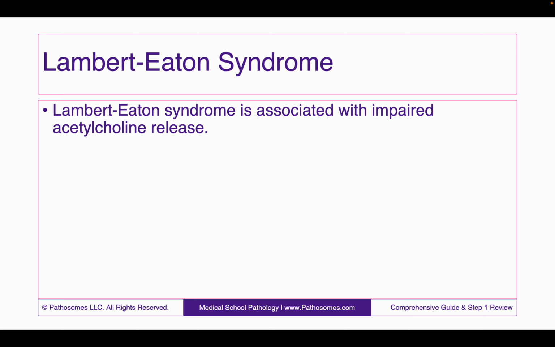Lambert-Eaton syndrome is associated with impaired acetylcholine release, right? Because it's at the presynaptic terminal. Firing of presynaptic calcium channels is required for acetylcholine release.